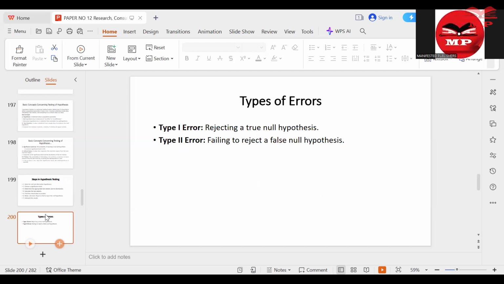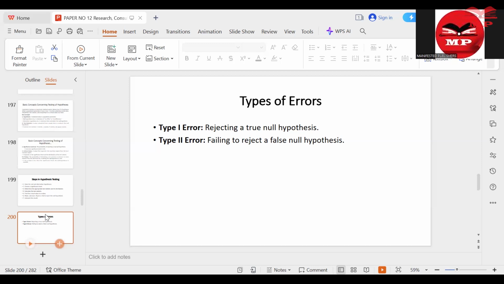Type 2 error is failing to reject a false null hypothesis. The null hypothesis is false, but the researcher fails to reject it based on the findings arrived at in terms of the testing.